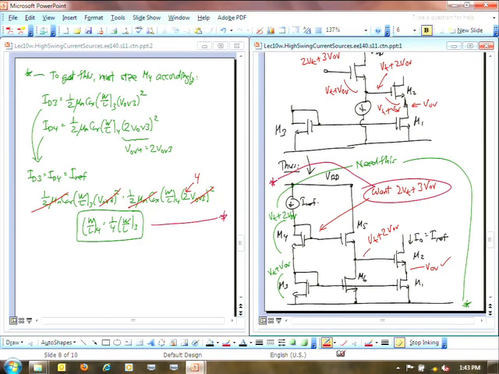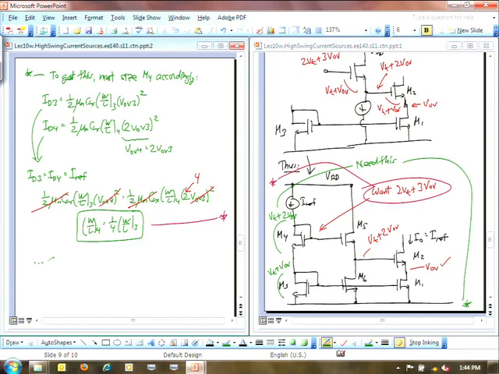Okay, and so in this derivation, I'm assuming that M3 is our unit device, right? So we define the overdrive voltage for M3 as the unit overdrive voltage. So M4, we're having 2 times that unit. So to finish this picture, all these overdrives have to be equal to the overdrive of M3. Since all the other devices have the same current going through them, they have to be the same as M3.